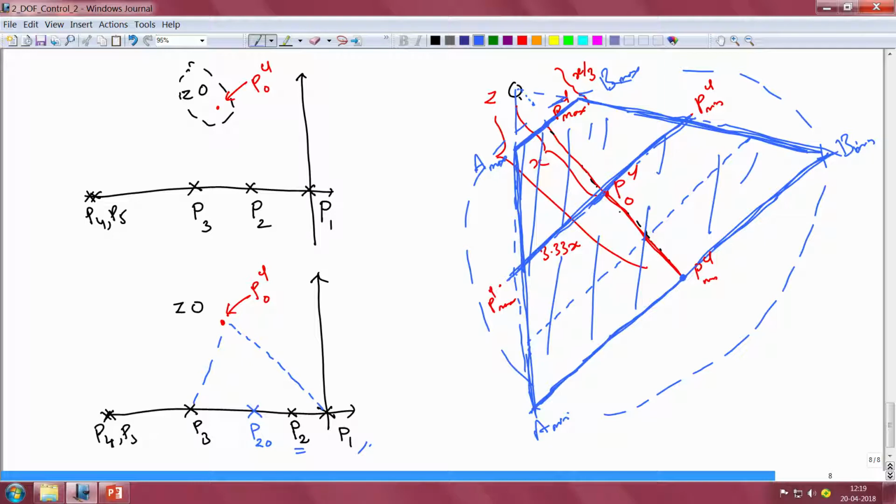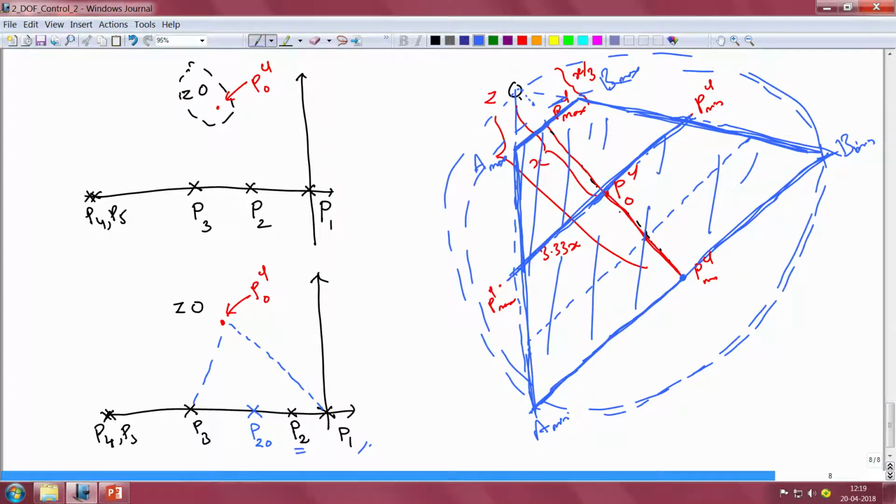So, if you want an easy way out to quickly estimate the approximate distance at which we have to place the zero with respect to the point PCL naught, we can instead insist that the entire triangle Z A min B min should be enclosed within a circle.